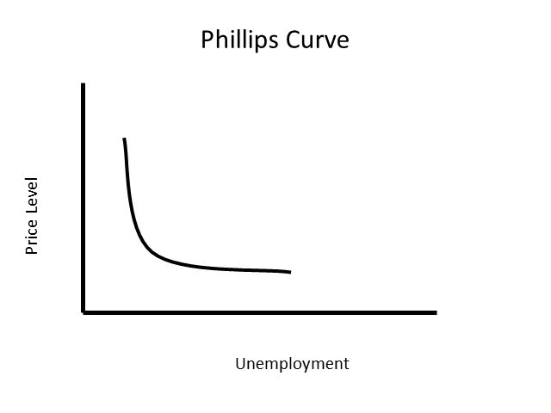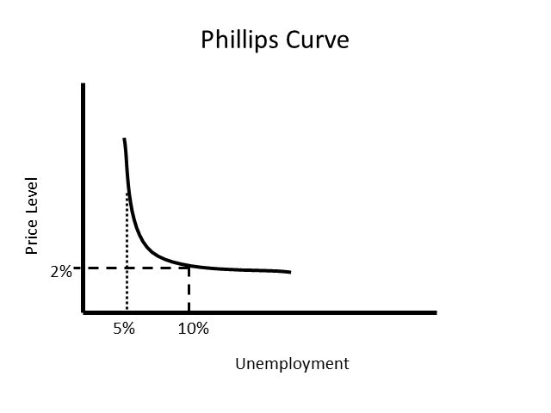Let's look at the graph using numbers to review the concept. Suppose an economy has a 10% unemployment level and has 2% inflation, or increases in the price level over time. Now suppose the government intervenes in the economy to reduce the unemployment rate down to 5%.